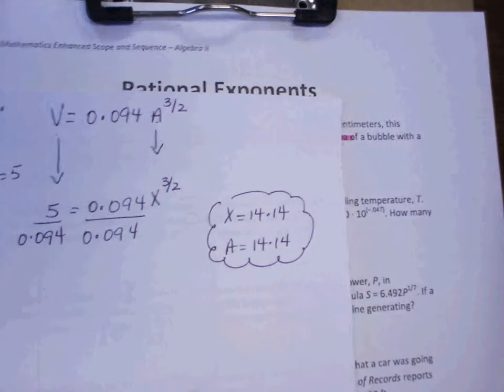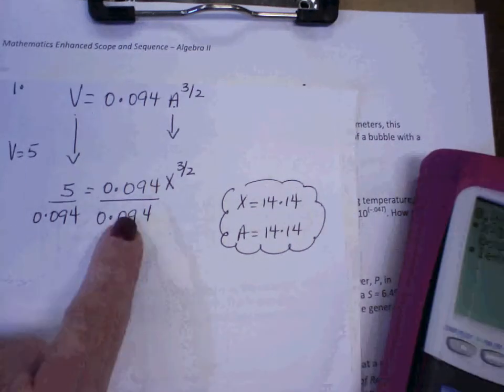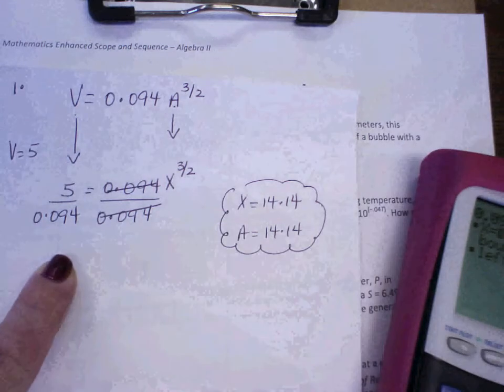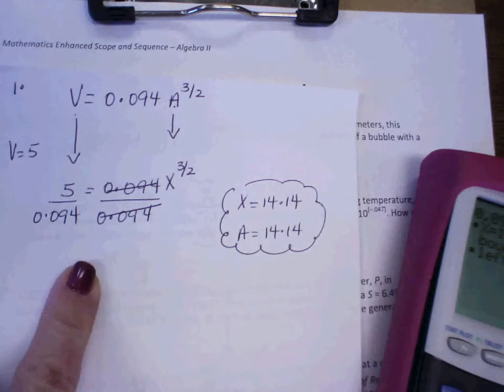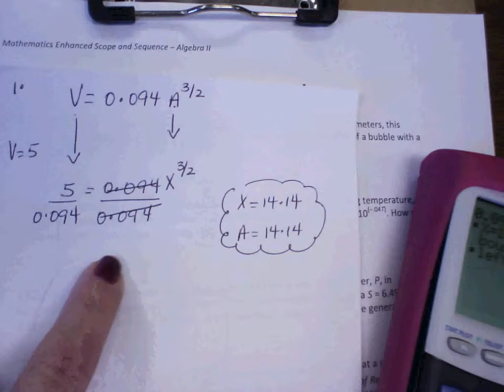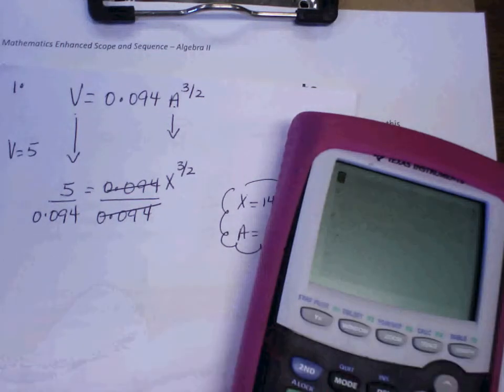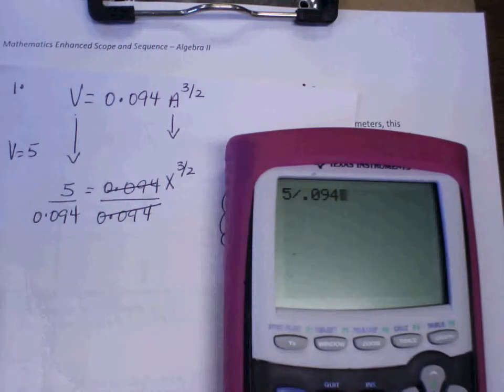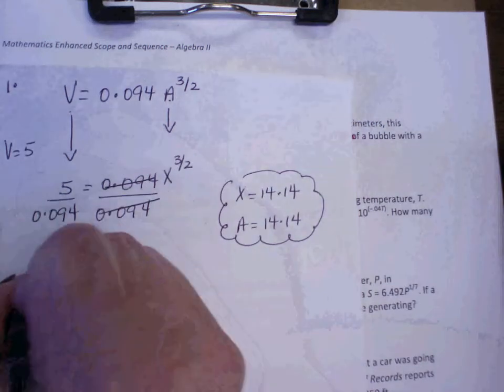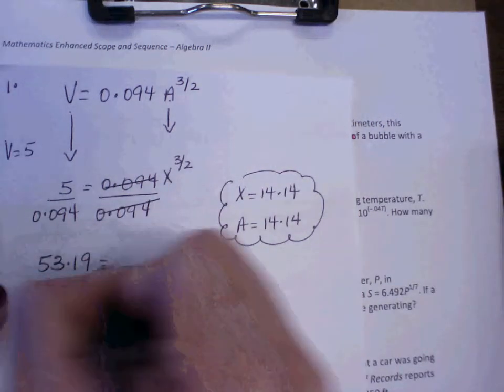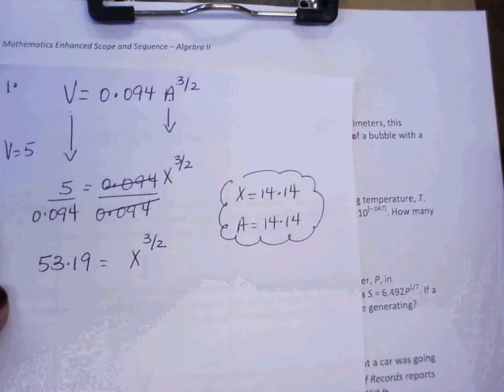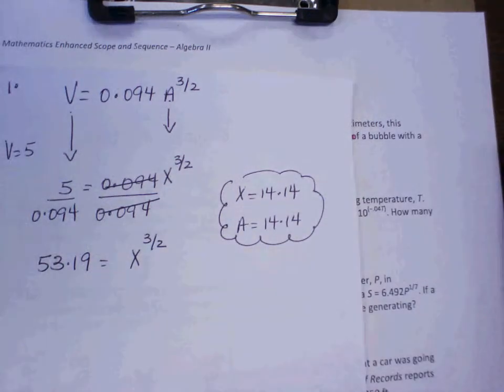All right. So to solve for x, I need to divide by. I'm doing it the traditional way where you divide. I need to get rid of that by dividing. Is that correct? Yes? All right, so what is 5 divided by 0.094? 53.19?